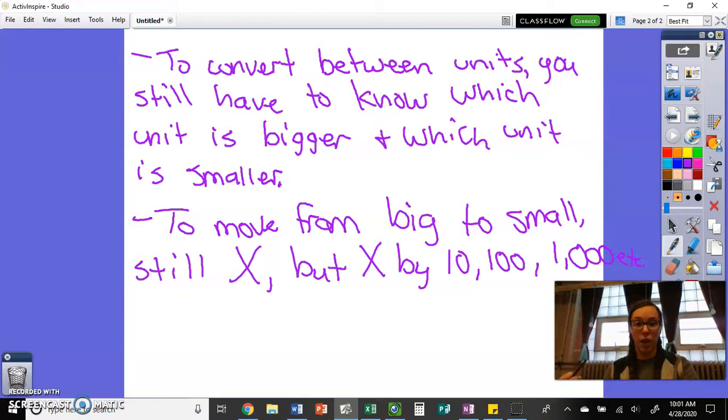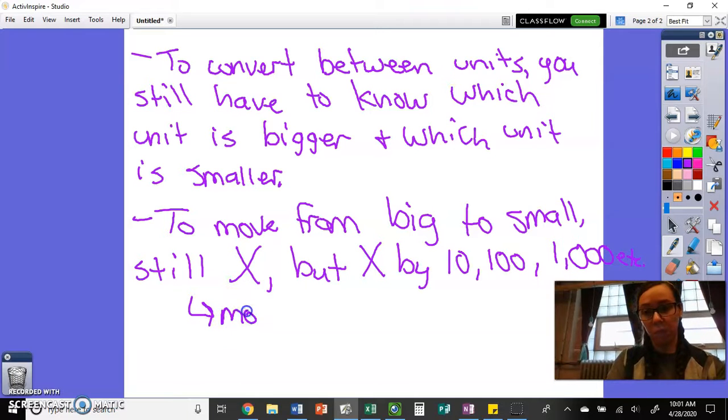It could be more than that. Okay? And in order to do this, I showed you a little bit earlier. To do that, you just move the decimal.